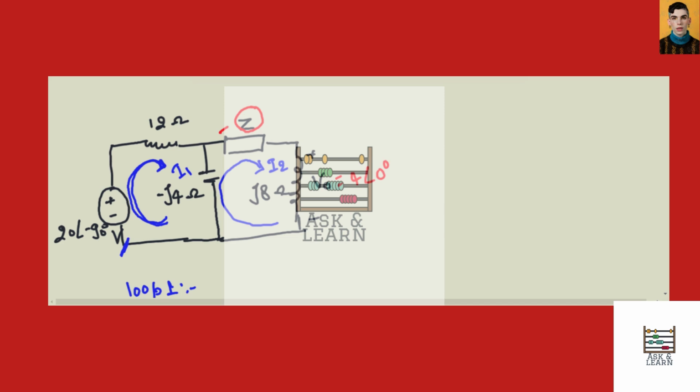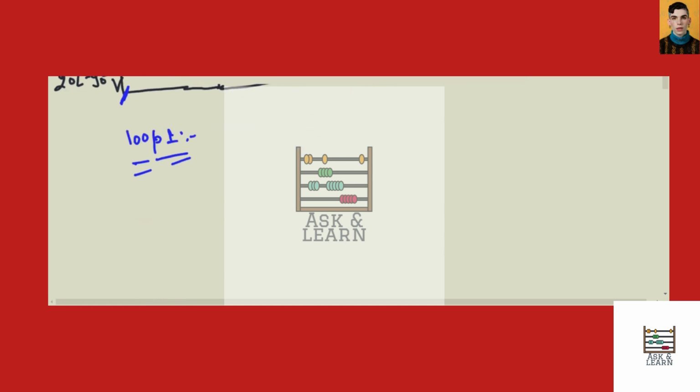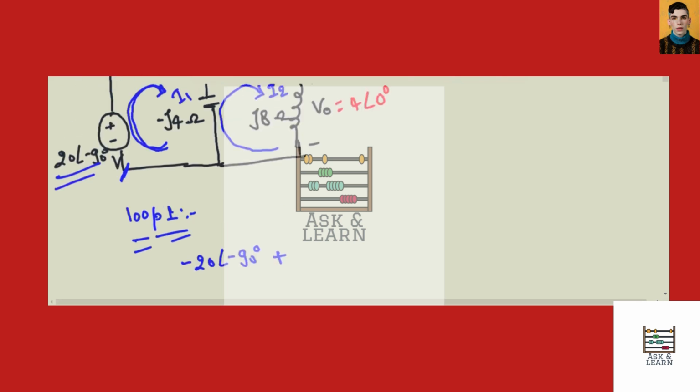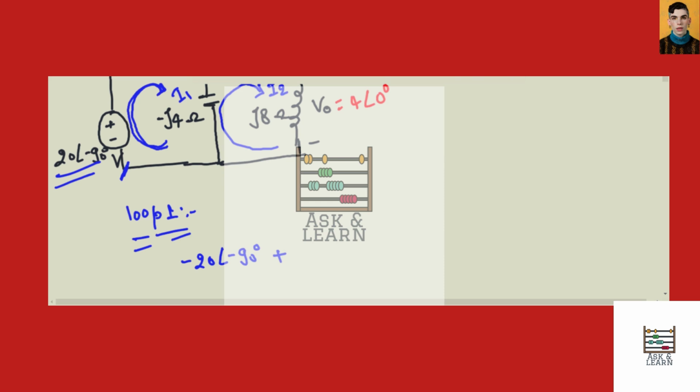So the equation of loop number 1 will become minus 20 angle minus 90 degrees, as this is our voltage source, and this comes first. The second element is this resistance, so this will become 12 into the flowing current in the resistance, which is I1. So this will become 12 into I1.